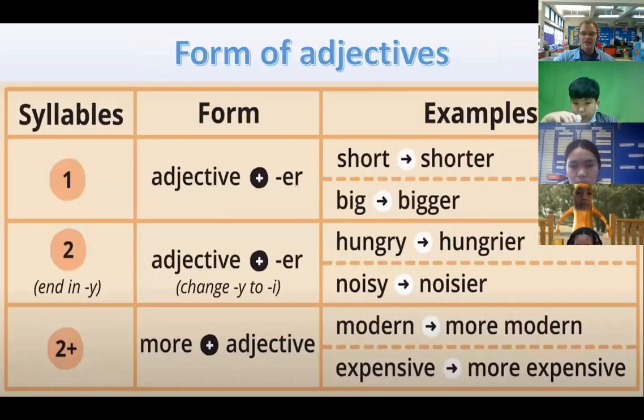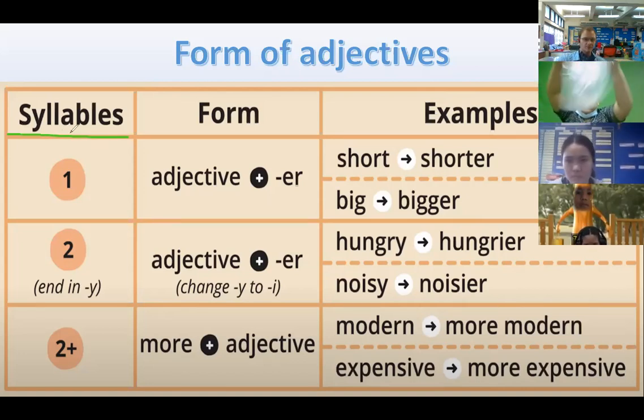But if we look at exactly how the comparative adjectives and the form of the word look, it becomes quite interesting. We have three rules, and these rules are very important to remember. Our first rule is if a word only has one syllable, we add ER at the end of the word. For example, short becomes shorter.